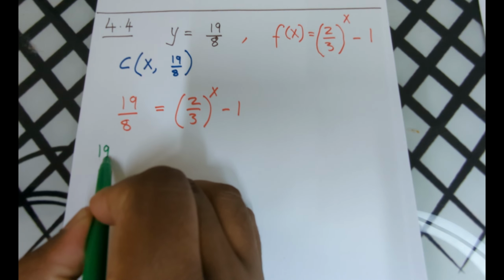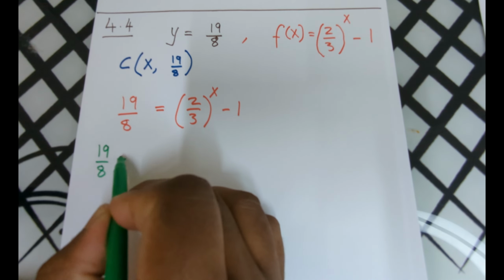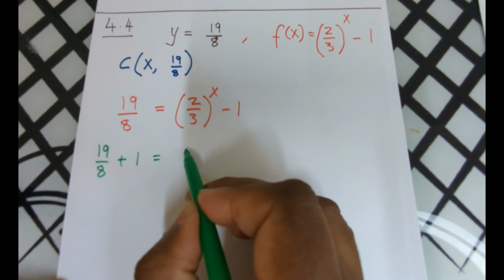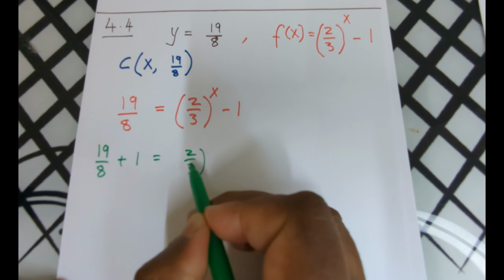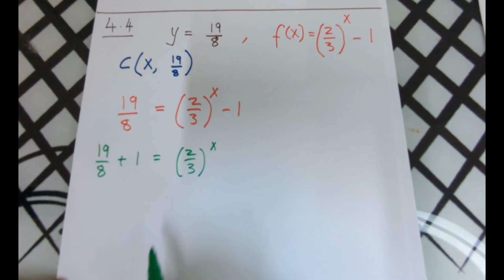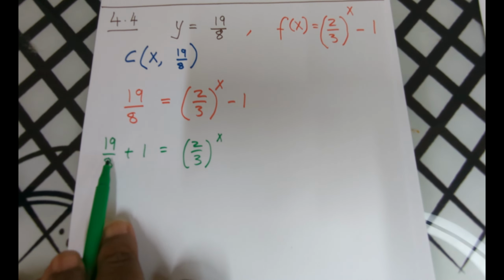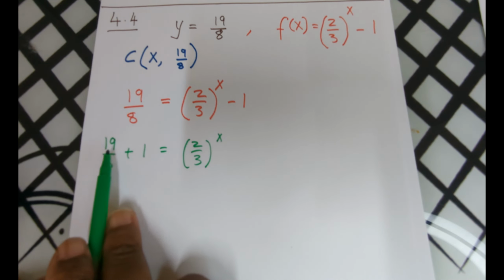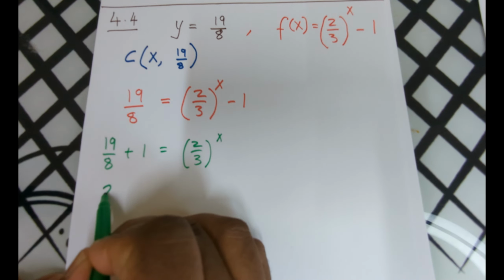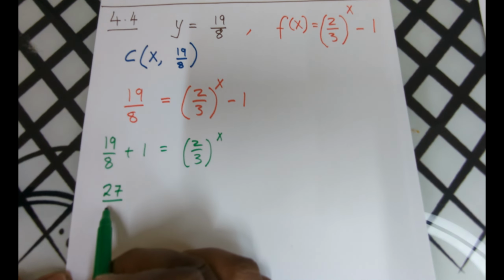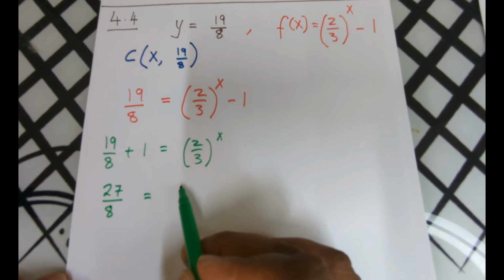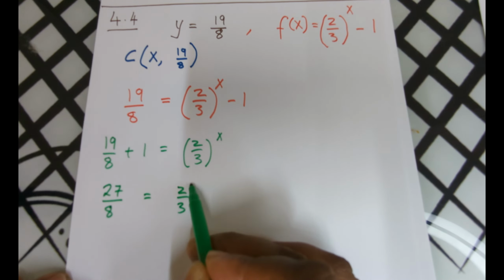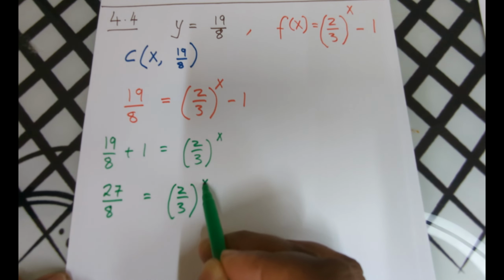It will be 19/8 plus 1 is equal to 2/3 to the power of x. If you add 19/8 plus 1, 1 can be written as 8/8. So 19 plus 8, that's 27/8, being equal to 2/3 to the power of x.